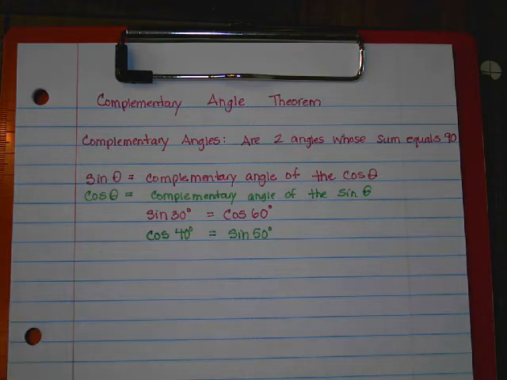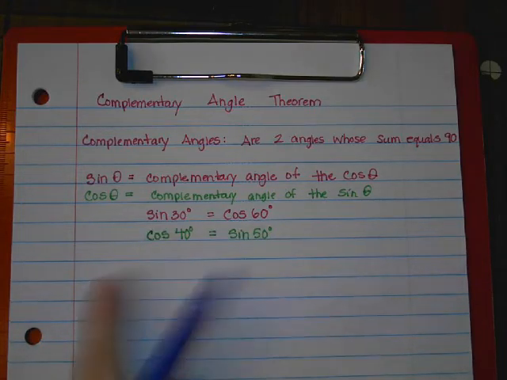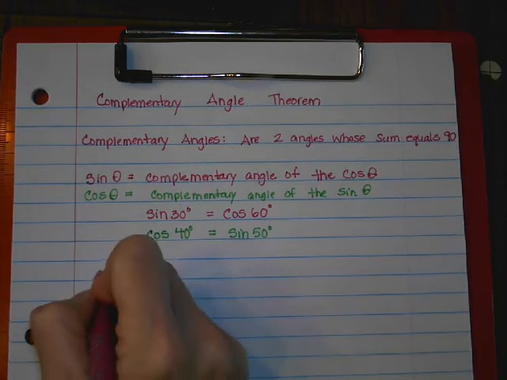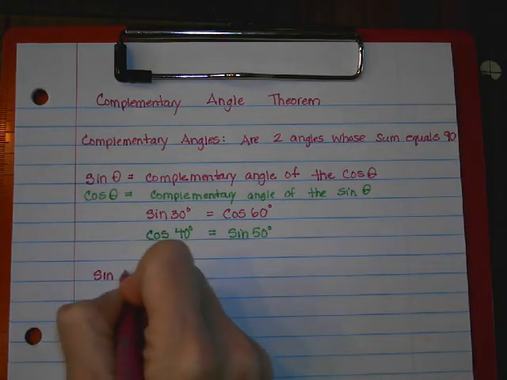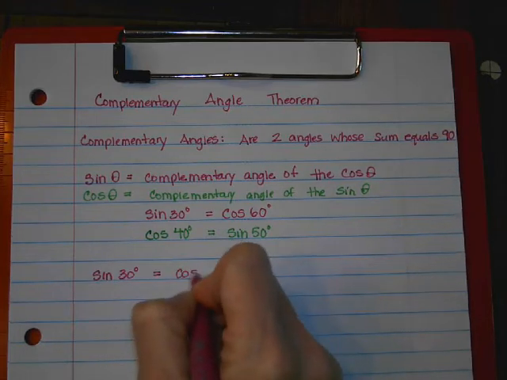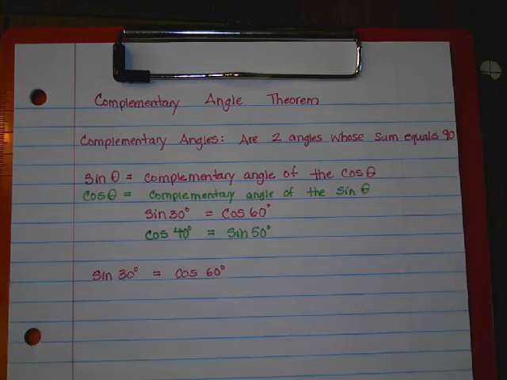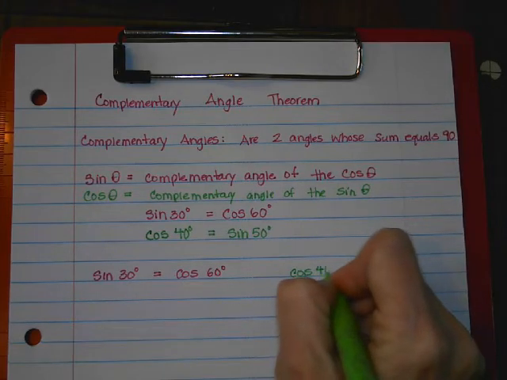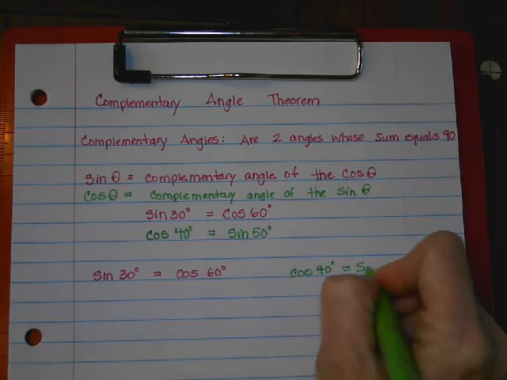I'm going to write these twice and give you some pointers. The sine of 30 degrees is equal to the cosine of 60 degrees. And over here, the cosine of 40 degrees is equal to the sine of 50 degrees.